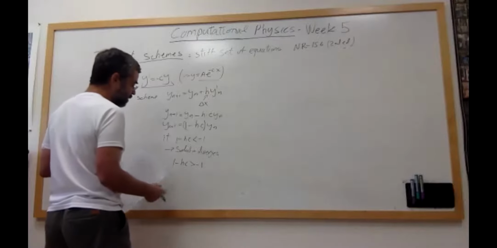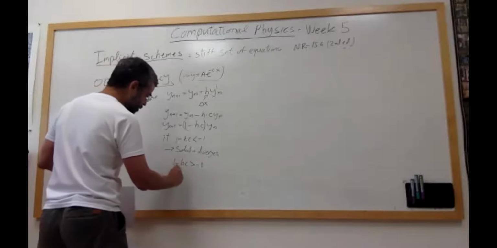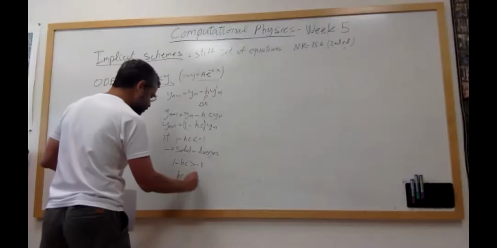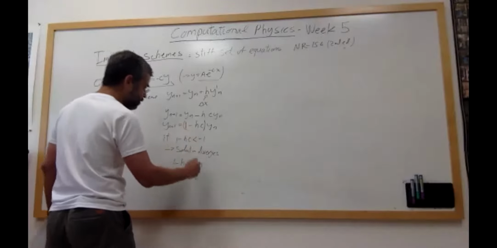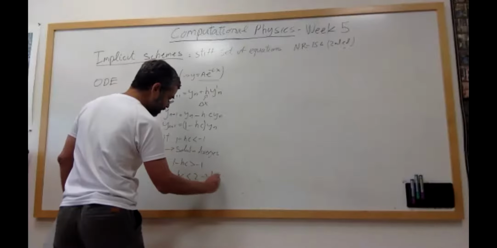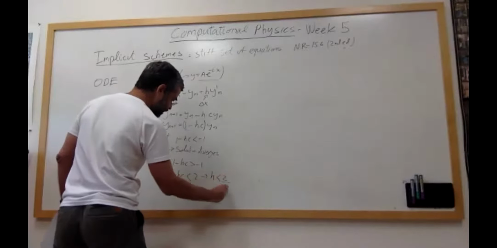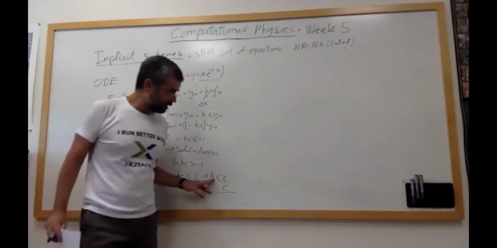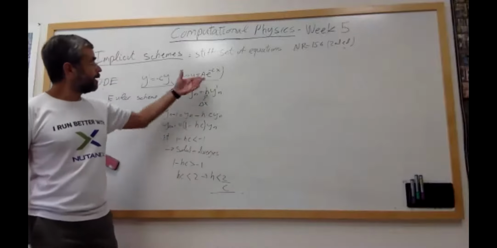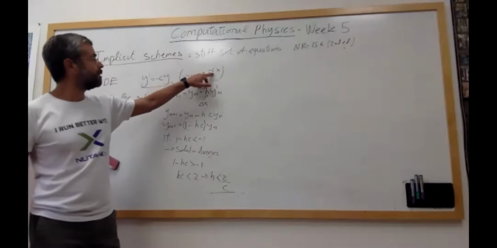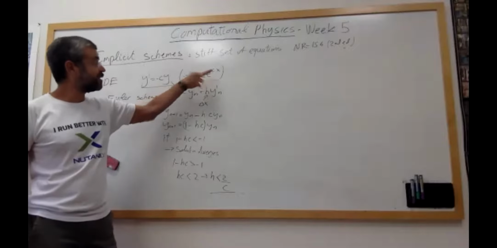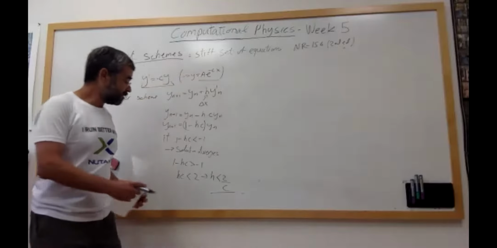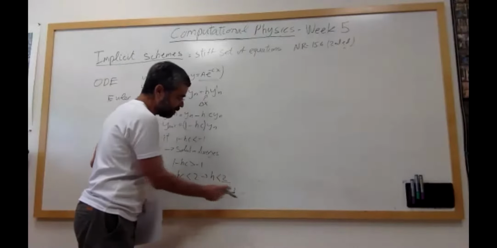To avoid that, H over C should be smaller than 2, or the time step H should be smaller than 2 over C. So it means that we need the time step to be small compared to this C, which is basically the exponentiation length scale.